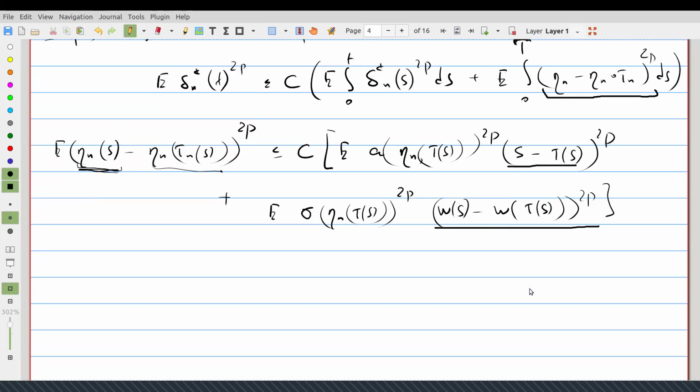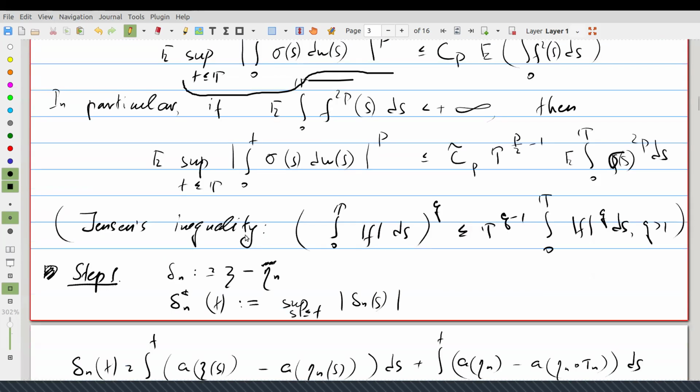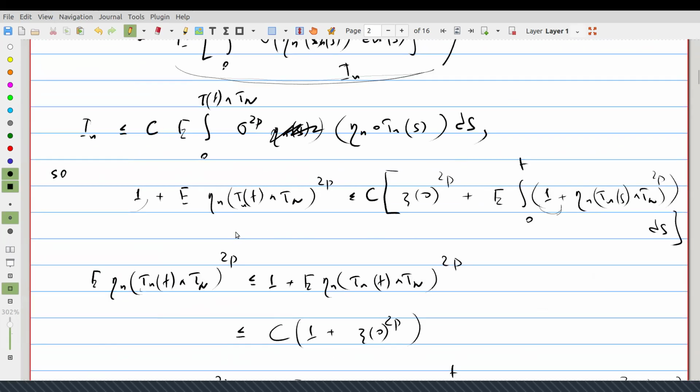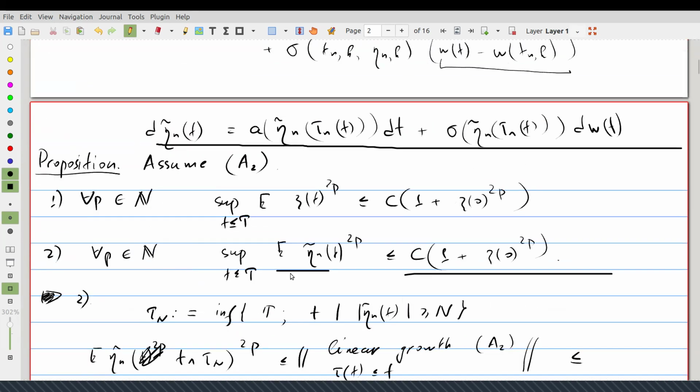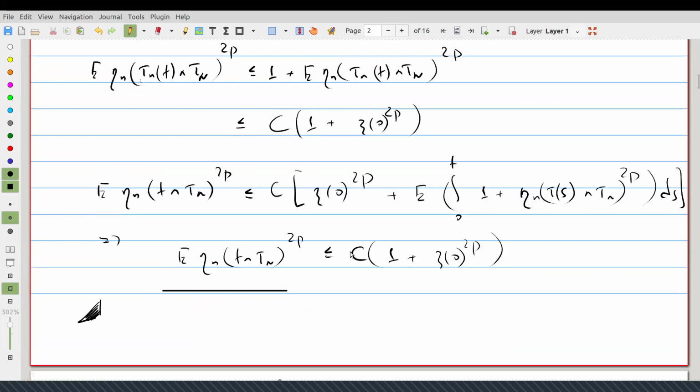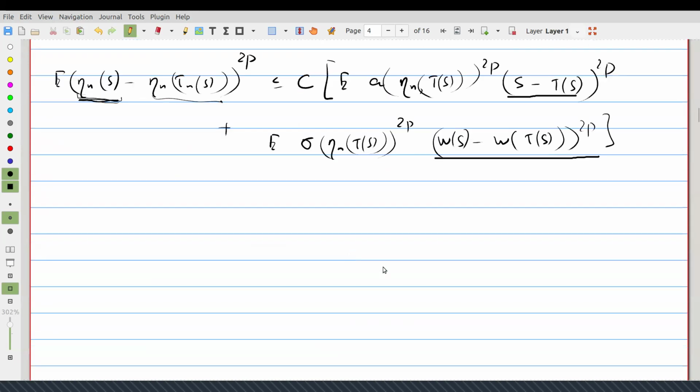But now, again, using some kind of growth condition and using the previous theorem that tells us that this is well integrated and it's actually bounded, and there are no supremums inside, the supremum is outside, we can effectively say this is less than C. This gives us 1 over n to the power 2p, and this, by the Burkholder-Davis inequality, just by direct calculation, gives us 1 over n to the power p.